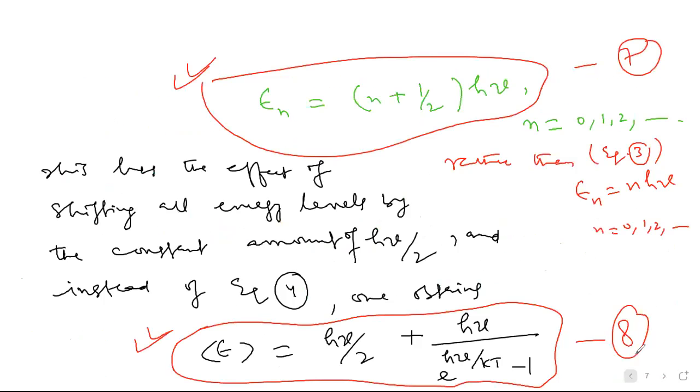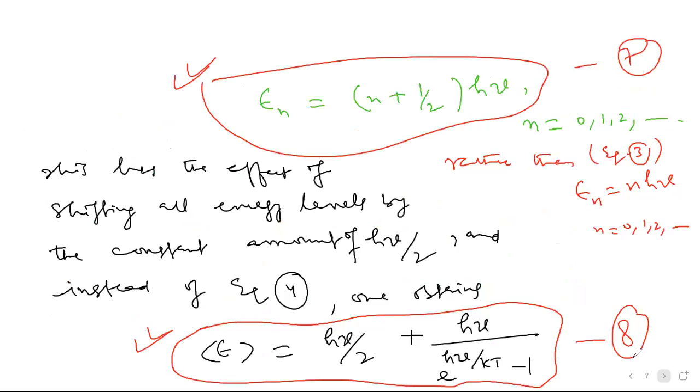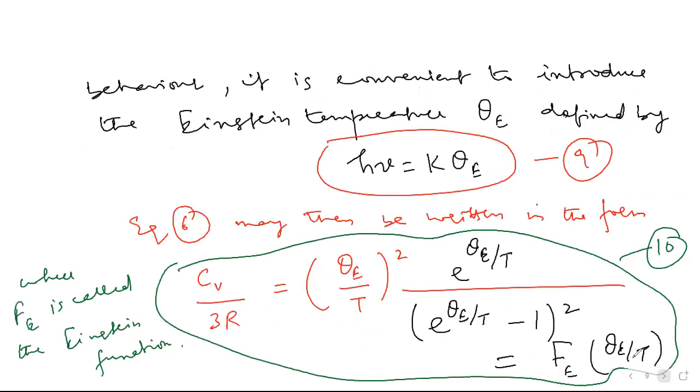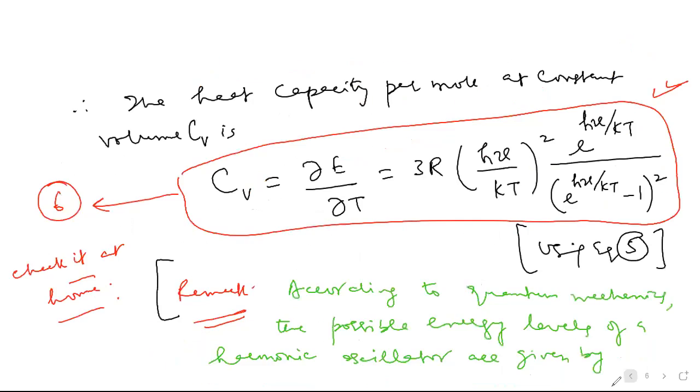We have shown some figure. This was figure 2. This is figure 3. Let me give you the understanding of this figure. The Einstein function is represented in this figure 3 as you are seeing it. We see that the curve obtained has the same appearance as the observed specific heat curves. Compare this curve with the specific heat curves.